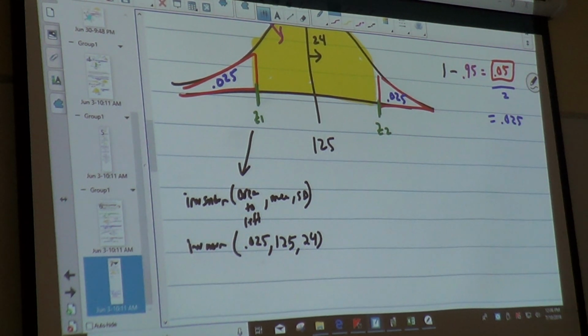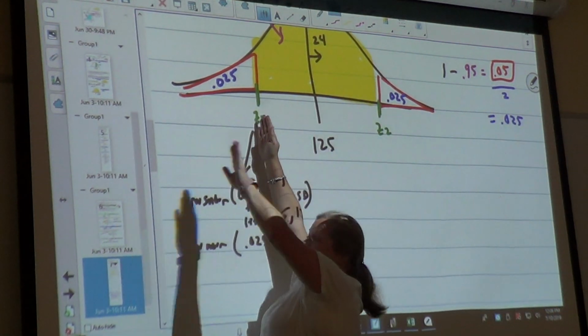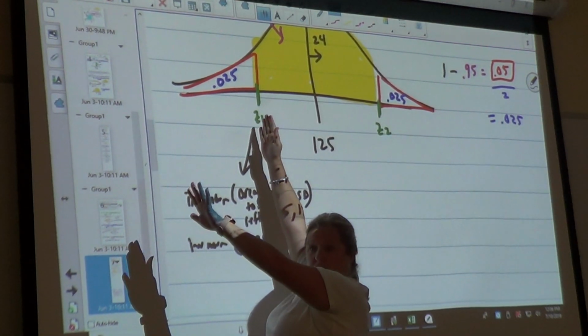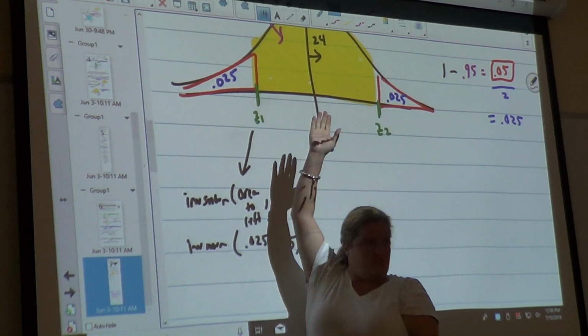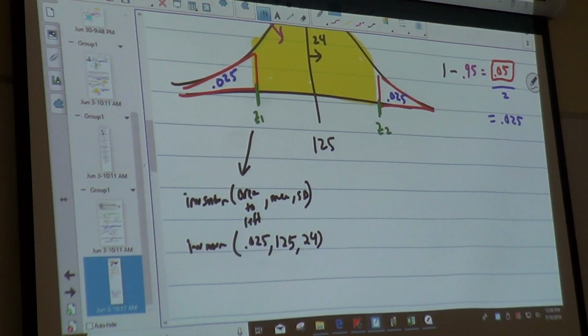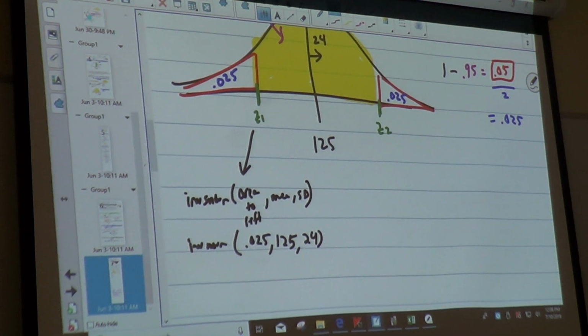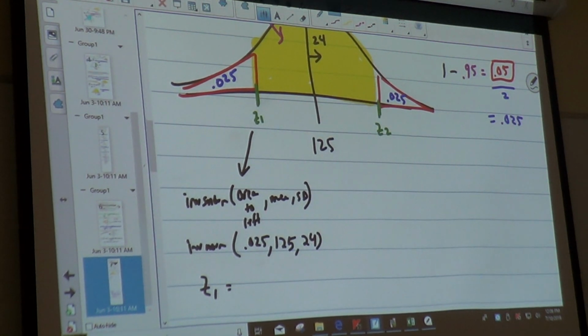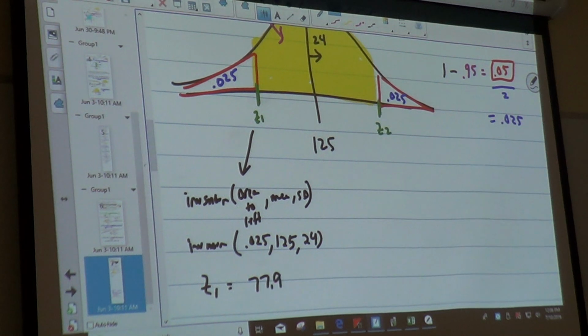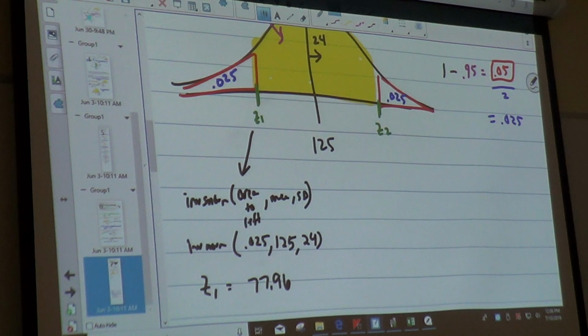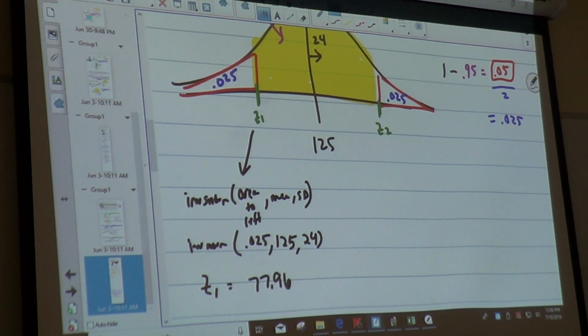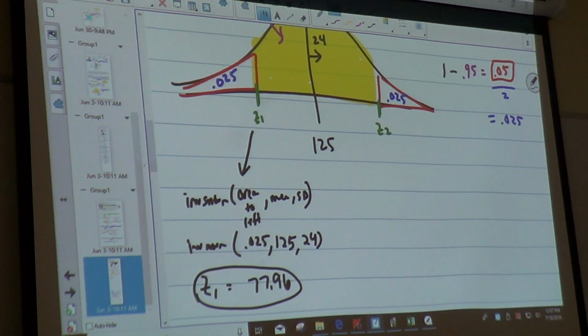So when I'm just looking at this point, my Z1, the area to the left is 0.025, with my mean and my standard deviation. When I put that in my calculator, I should get that Z1 is 77.96. Is that what y'all got? Yeah. Okay? So that's my Z1. That's my cutoff point for the lower end.